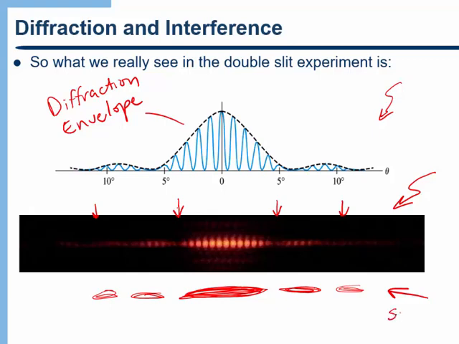Okay, so this would just be what we'd see from a single slit. And that's what we actually see when we do the experiment. So you never actually just see interference, because if you've got at least one opening, you have diffraction. If you have two or more, in addition to diffraction, you have interference.